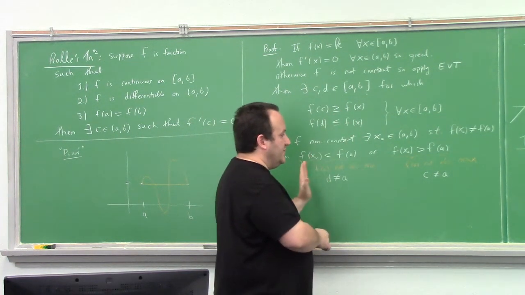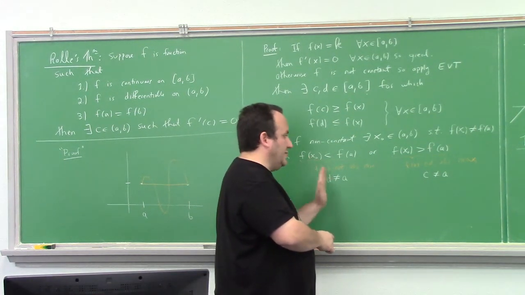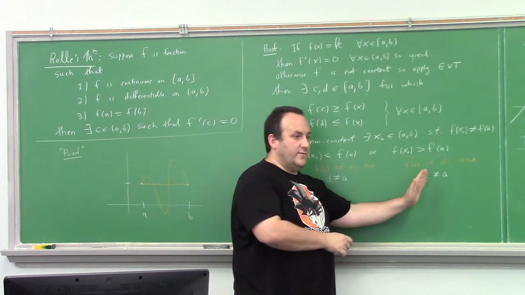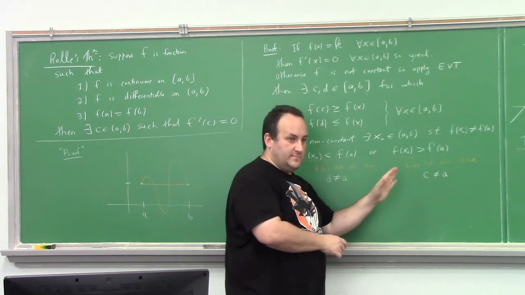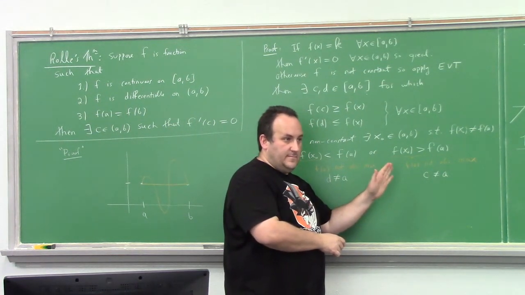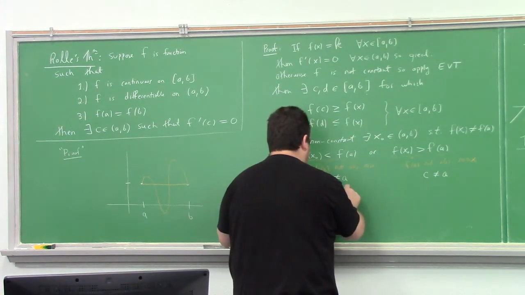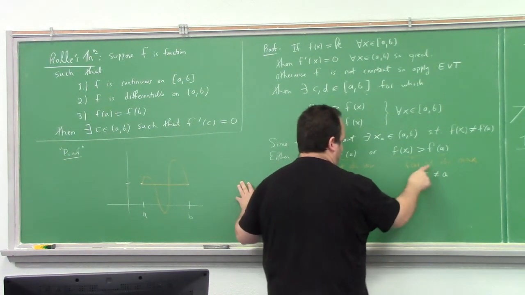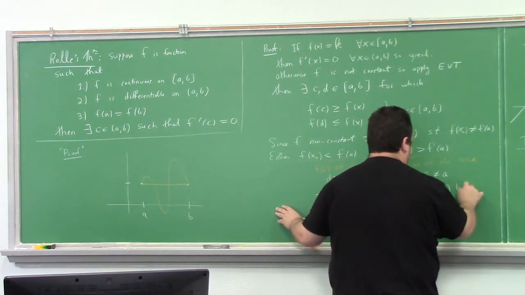So in either one of those possible cases, there is either an absolute minimum or an absolute maximum for this function, which is happening inside the closed interval. That means that f of D is a local min, in this case, f of C a local min.